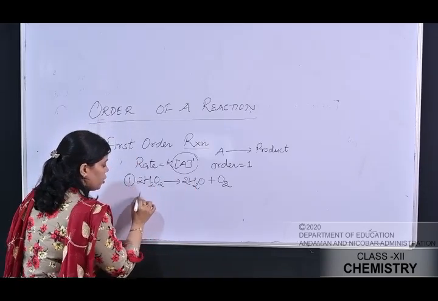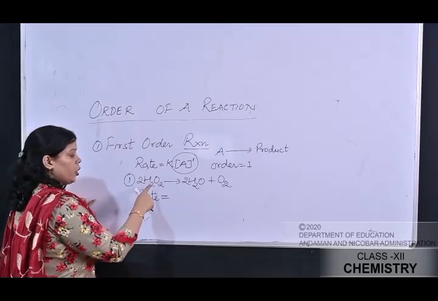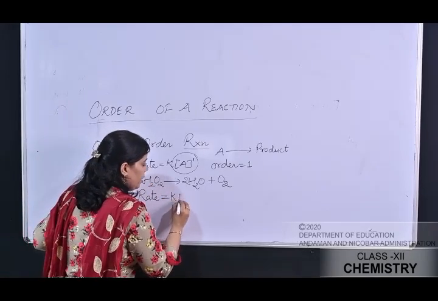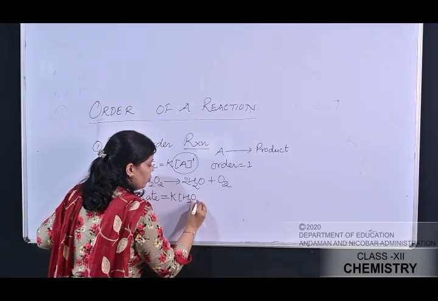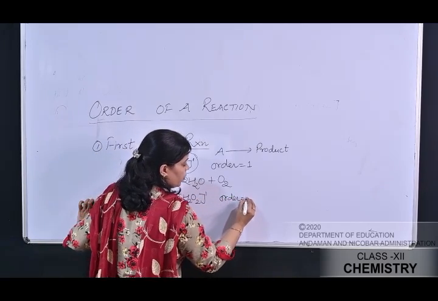On the basis of experimental studies, the rate equation for this reaction can be written as the rate is equal to k, concentration of H2O2 raised to power 1. So the order for this reaction is equal to 1.